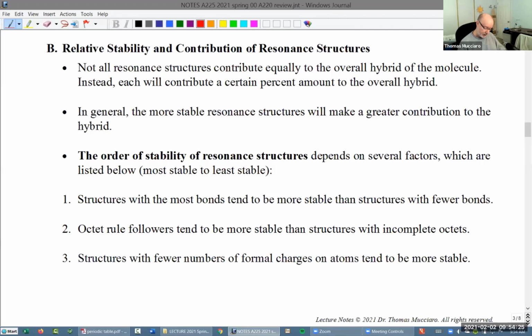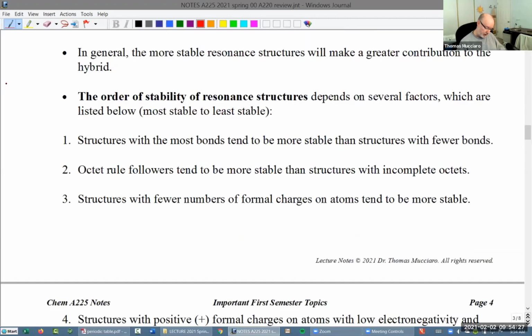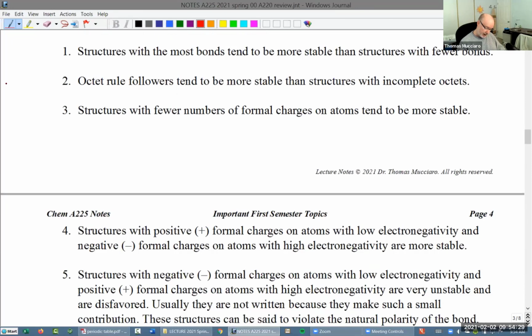Okay. And so here's the order that we look at. I'm sorry, it ran over the page, but structures with the most bonds tend to be the most stable. It's a big effect. Octet rule followers tend to be more stable, but you can see in that one, the hydrogen sulfate with the +2 sulfur and the 3 minuses was the octet rule follower, but actually the expanded octet would be more stable because it has more bonds. So there's a priority order, okay?